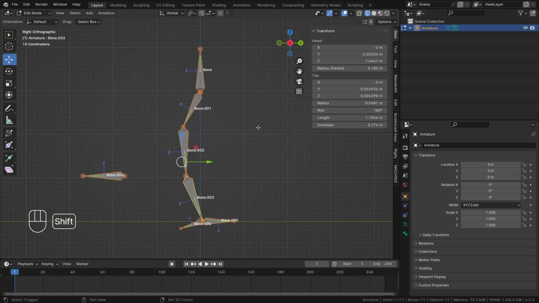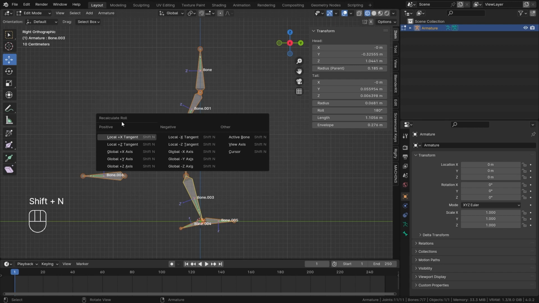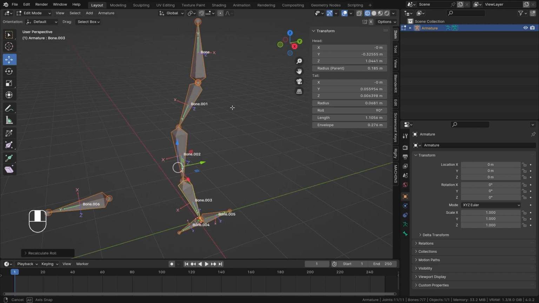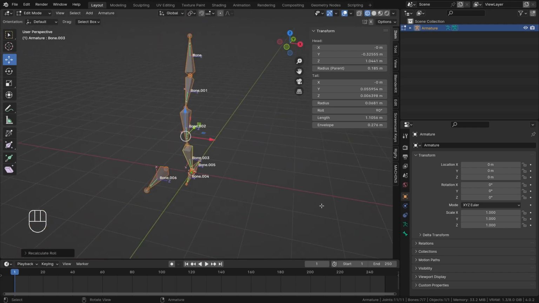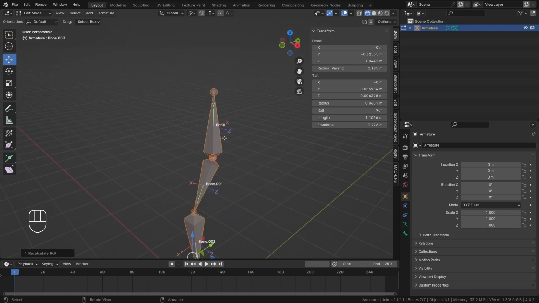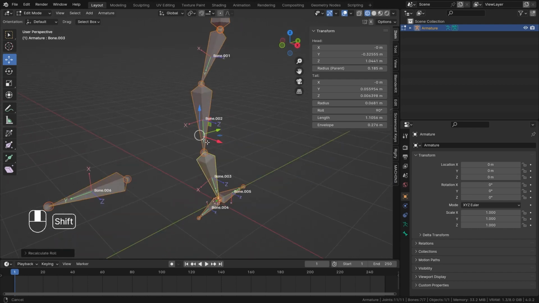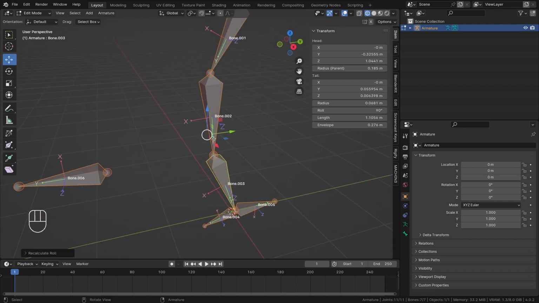Now let's press Shift N. This will recalculate the roll for each bone. Now you could go ahead and choose any of these. I like to make it a view axis like this. So now for every bone the local axis Z is pointing in that direction. Y is pointing up, Y is pointing down towards there, and X is pointing forward.